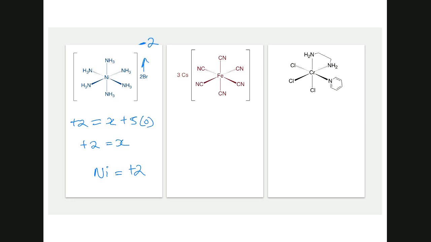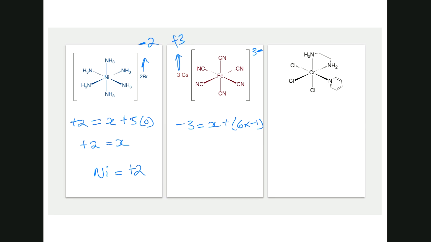For the third one, cesium is a group 1 cation, so there are 3 of these, so these are going to be +3 charges. Therefore, the overall charge of the ferrate, so iron with its 6 cyanides around it, is going to be -3. Same principle as before: -3 is equal to X, where X is now our iron, plus 6 times -1, because we said before that each cyanide is -1.